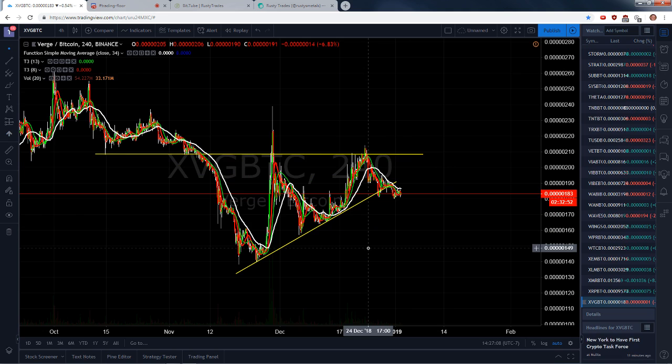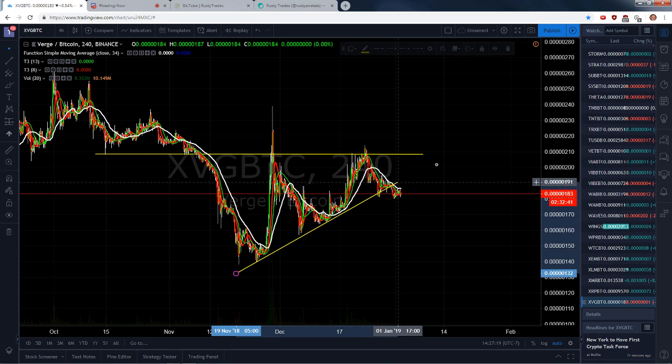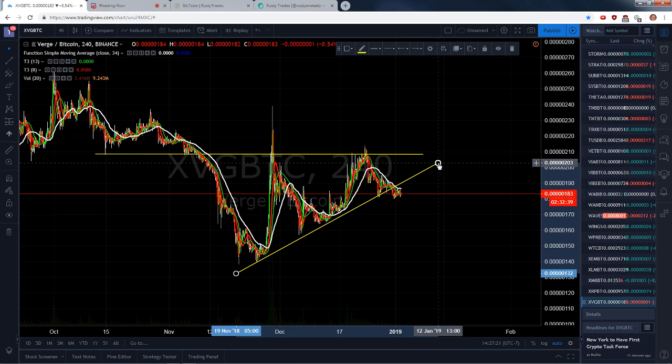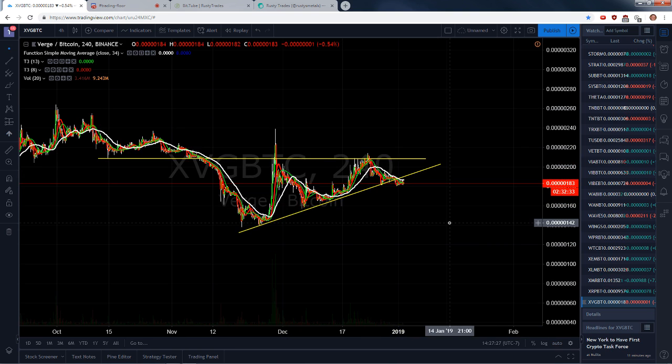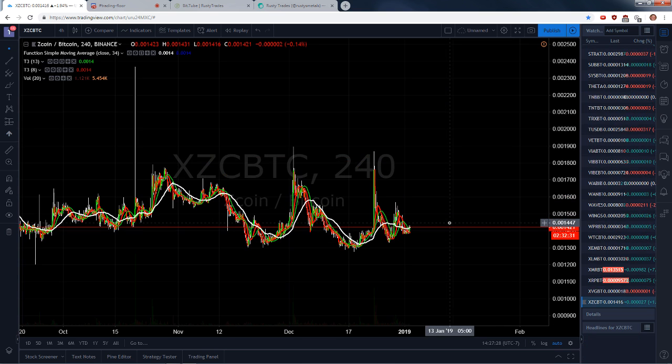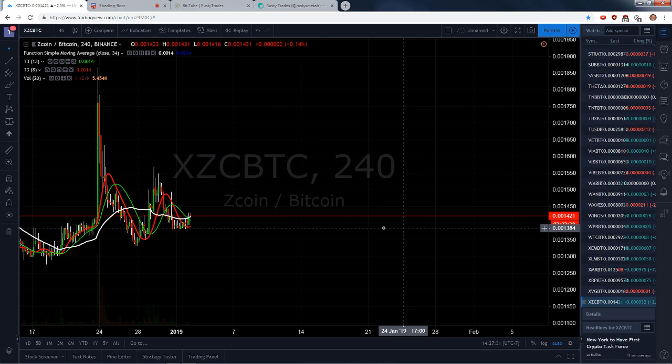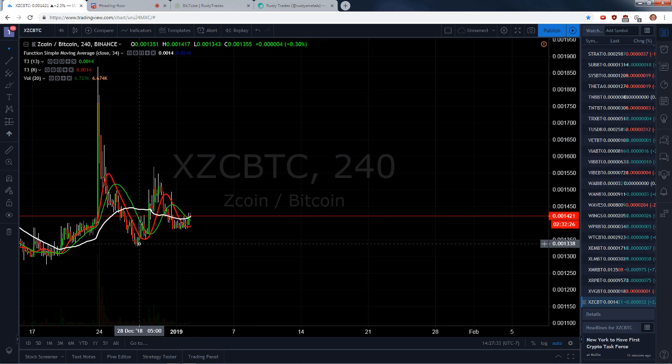XVG. Look for a whipsaw on this one. As I had higher lows, kind of broke down, but I got a left or an AB bottom. See if it can't break across, back into making a right shoulder and then coming across. Nice pop all the way back into support.